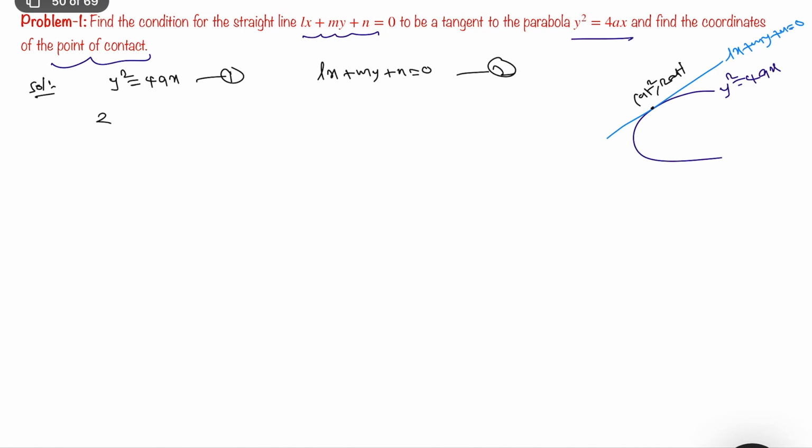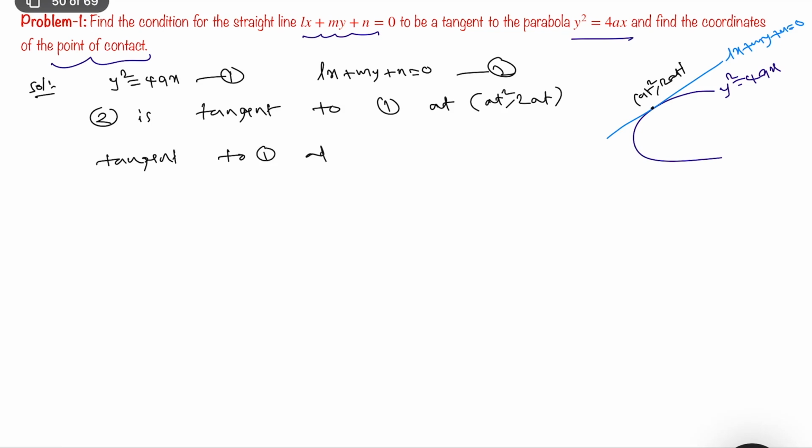Let's say 2 is tangent to 1 at the point (at², 2at). But the tangent to 1 at (at², 2at) should be x - yt + at² = 0, which is in parametric form. Let us call it 3.